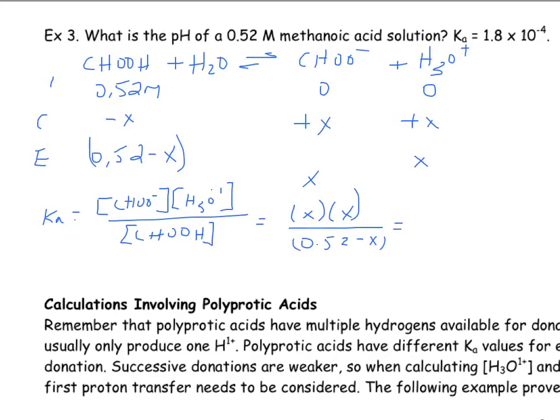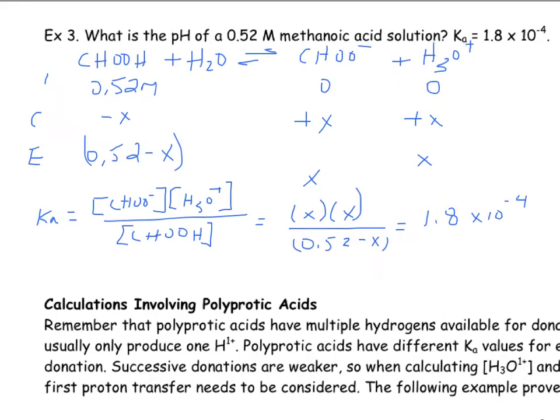The question tells us that this constant is equal to 1.8 times 10 to the minus 4. Now we need to solve for x. I want to try to avoid doing a quadratic formula, but I don't have a perfect square.